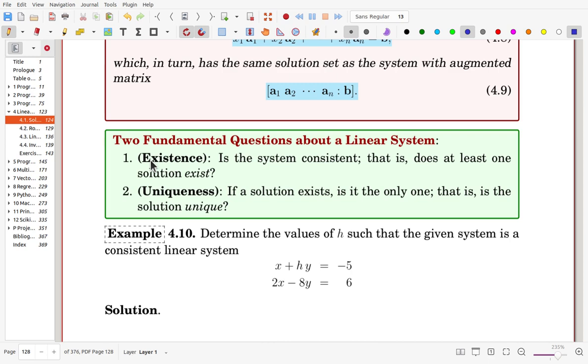Such a question is about existence. And uniqueness is related to having only one solution. So if a solution exists, is it the only one? That means, is the solution unique? You may ask such questions.